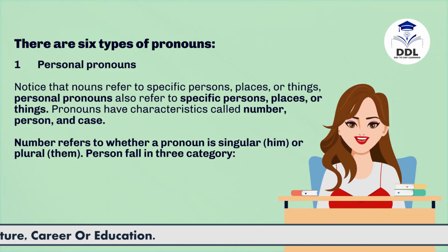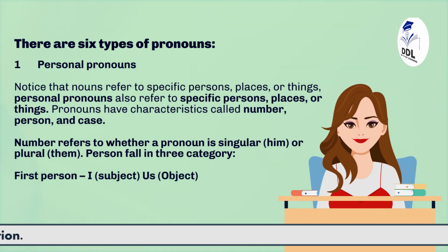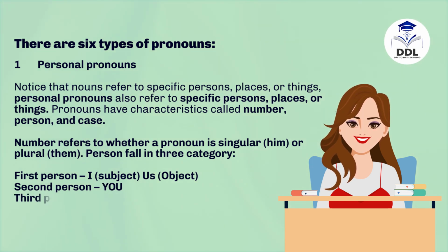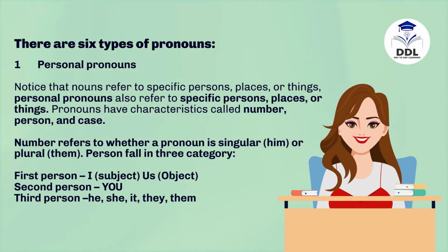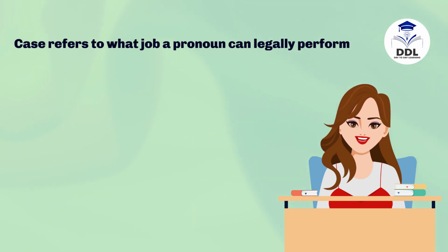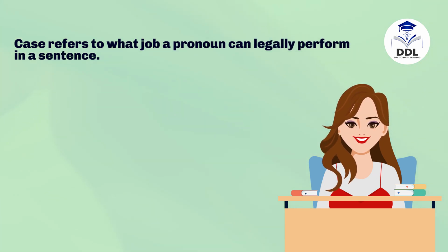Person falls in 3 categories. First person: I, us. Second person: you. Third person: he, she, it, they, them. Case refers to what job a pronoun can legally perform in a sentence.